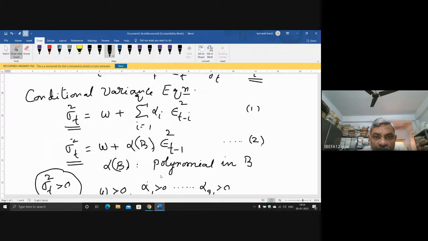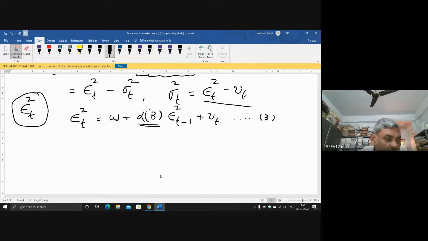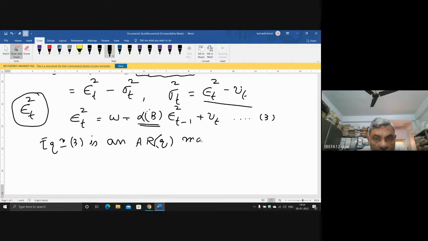You take the summation here, i equals 1 to q. So from this, it follows that equation 3 corresponds to an AR(q) model. In which variable? This model refers to what? Which variable? Hello?